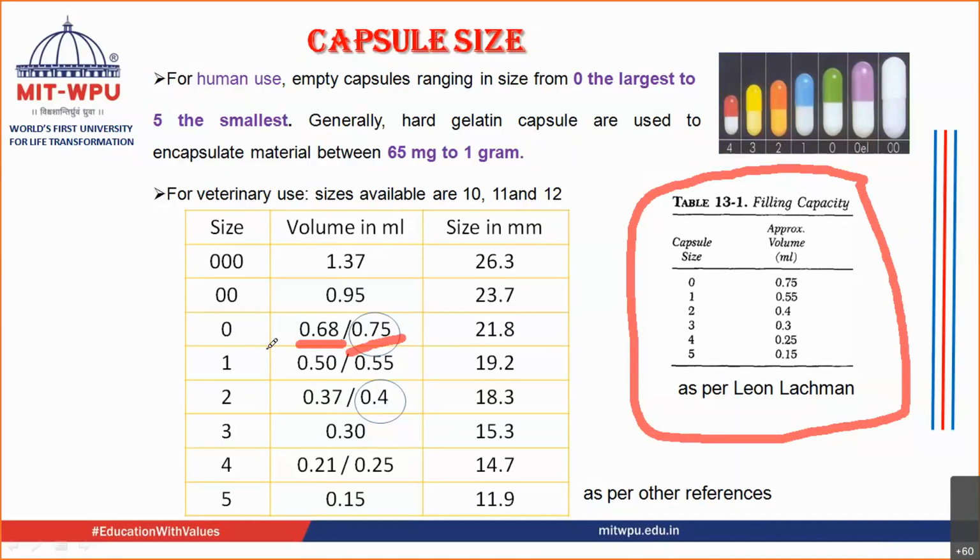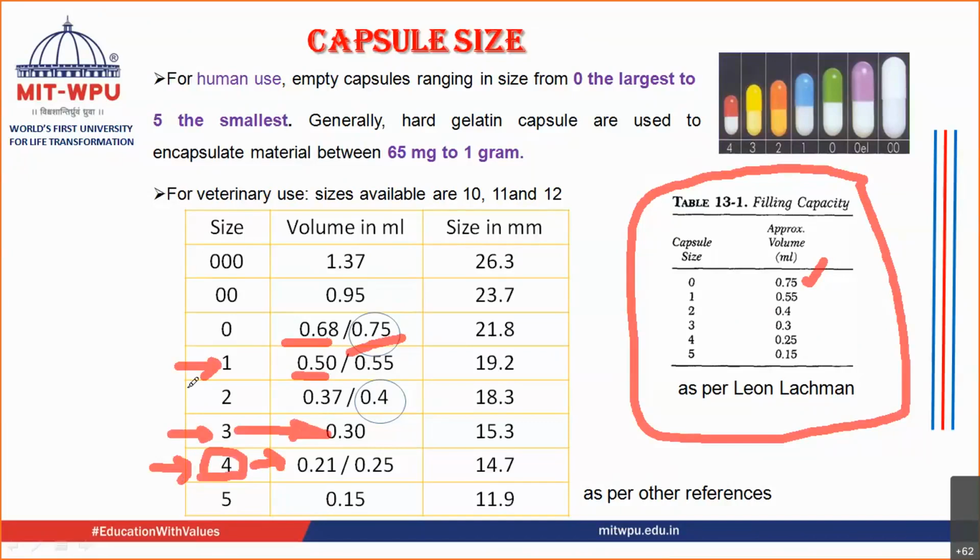For 0, in other literature it is 0.68, whereas in Lachman it is 0.75. For size 1, in all other literature it is 0.50. It is very easy to remember: size 1 is exactly half, and size 3 is exactly 0.3. Size 4 is 0.21, which is near about half of it. So these 3-4 figures are very easy to remember.